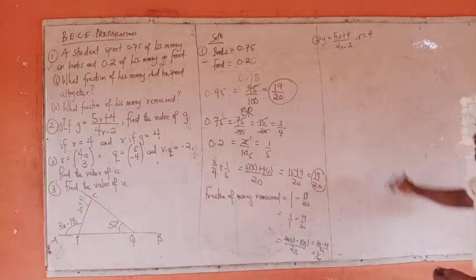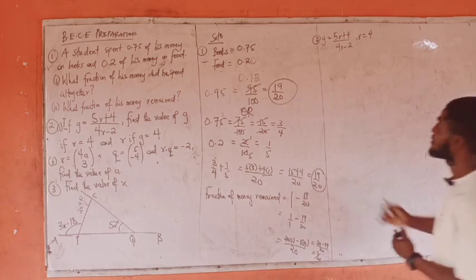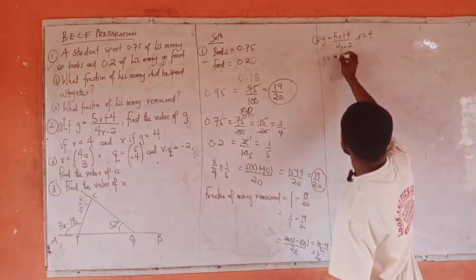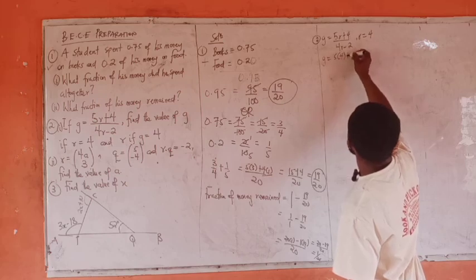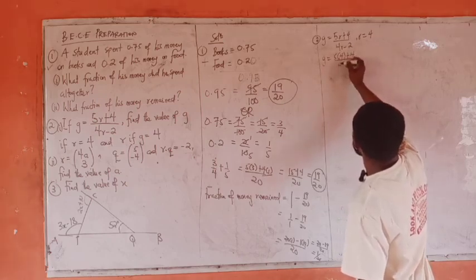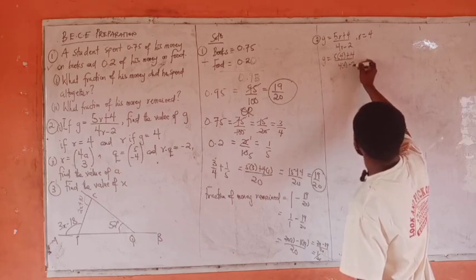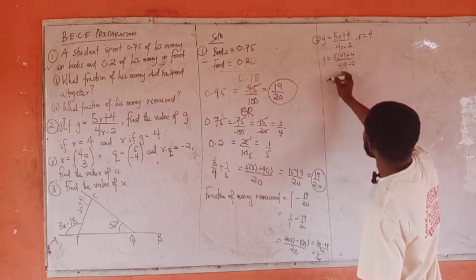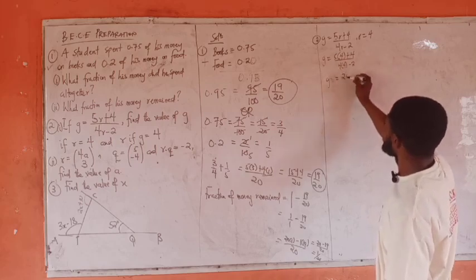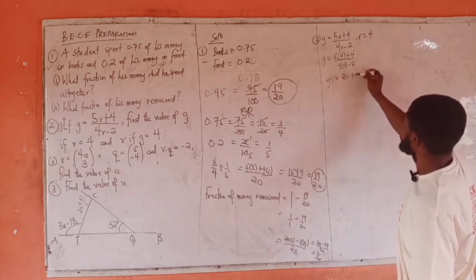I substitute the value of r, which is equal to 4, into this. Five 4s are 20, plus 4 is 24.